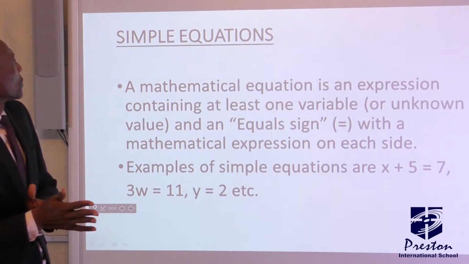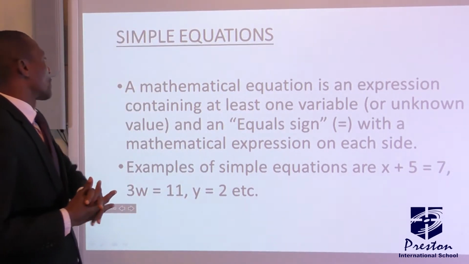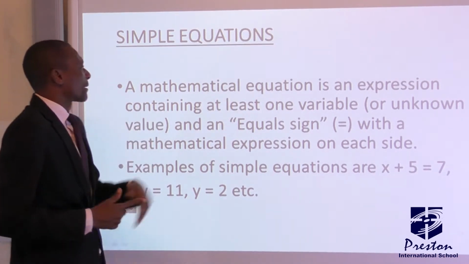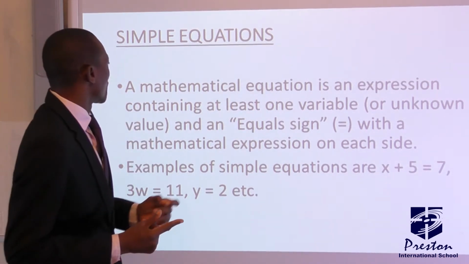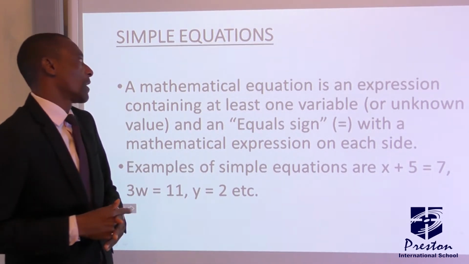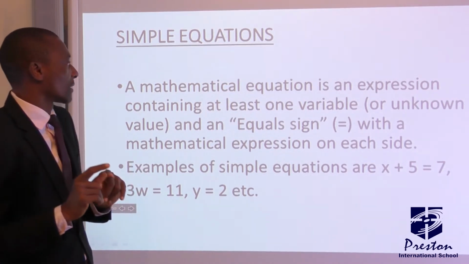Okay, so what is a simple equation? Or rather, what's an equation? A mathematical equation is an expression containing at least one variable. Variable simply means unknown. And an equals sign. Those are the things that are very important.